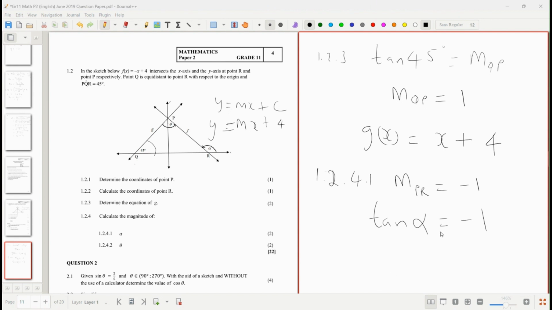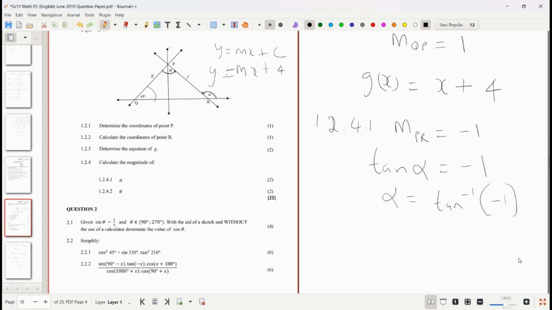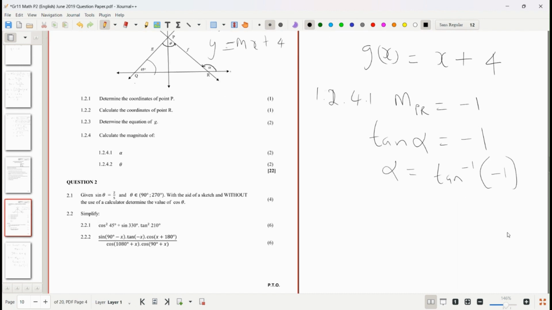So what you need to do here is to use your calculator. When you use your calculator, you need to shift tan. So it will be alpha, then shift tan in your calculator. When you do your shift tan in your calculator, you are supposed to get -45, right?